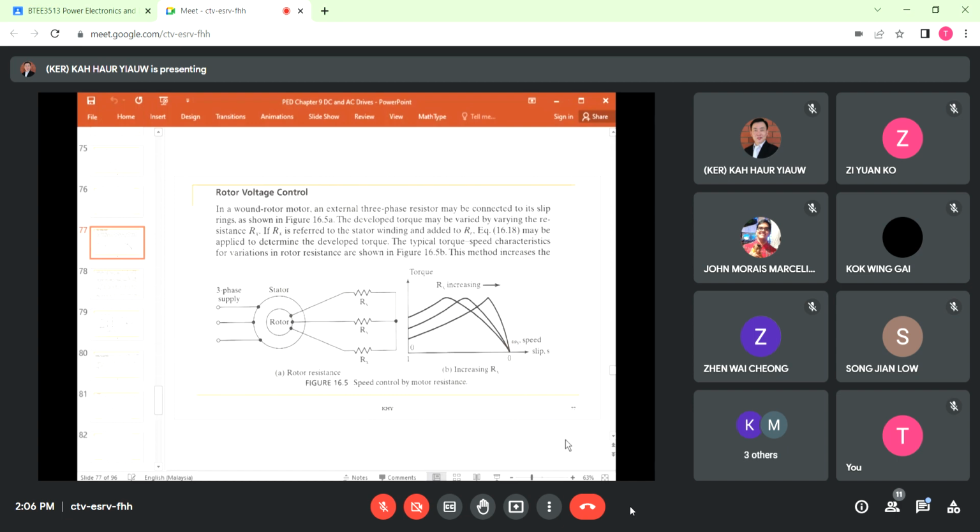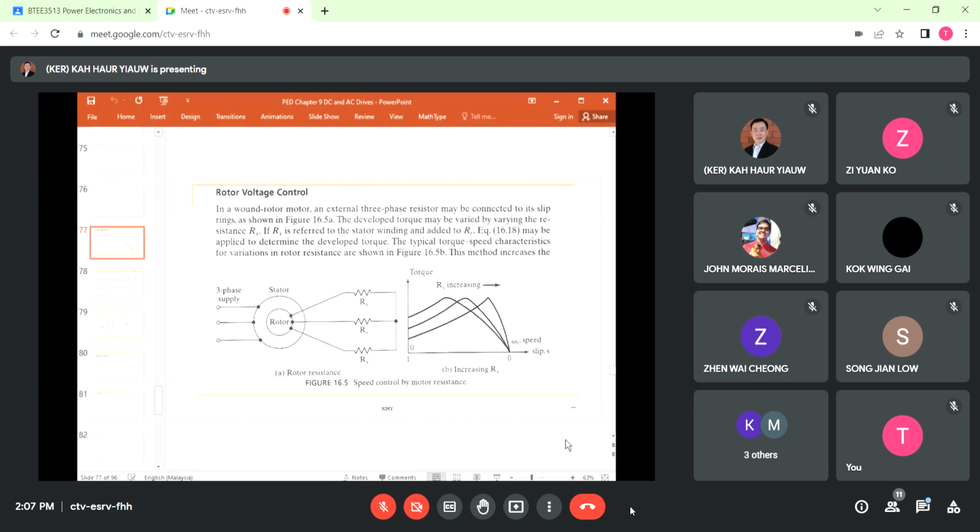The increase in the rotor resistance does not affect the value of maximum torque, but increases the slip at maximum torque. The wound rotor motors are widely used in applications requiring frequent starting and braking with large motor torque, for example, crane and hoist.